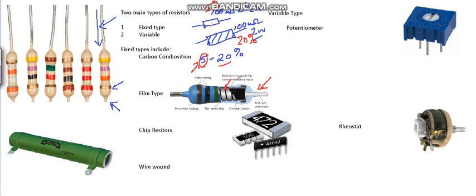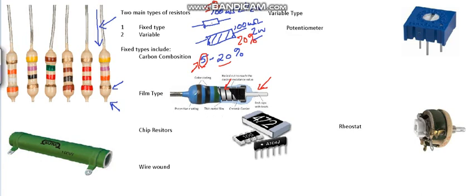So the resistance is a function of both the type of material, the metal material that they're using, but also the depth and the width of the groove that they're putting within this resistive film. So the length and the width of the groove determines the resistance value, as well as the type of material that they're using for that.